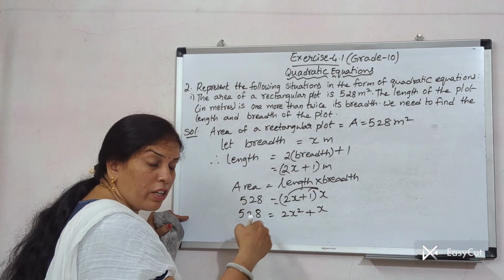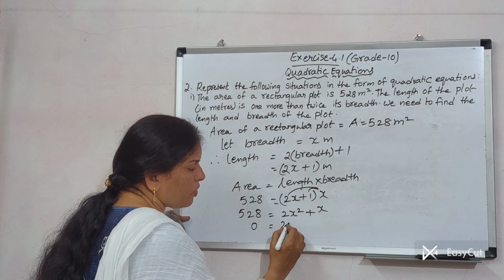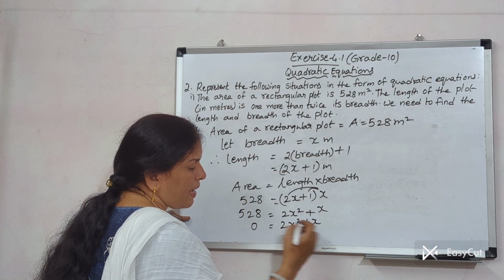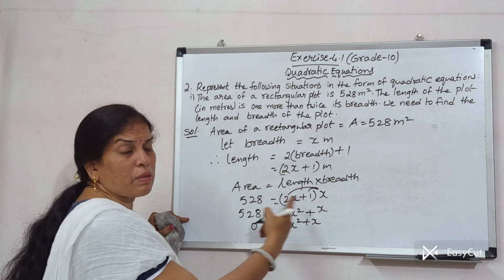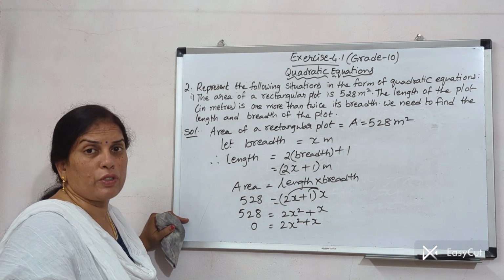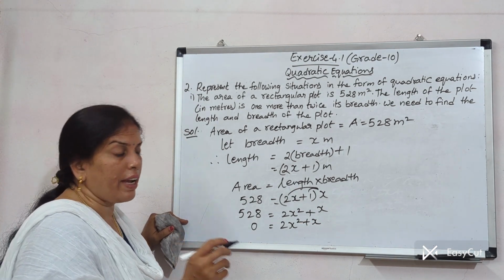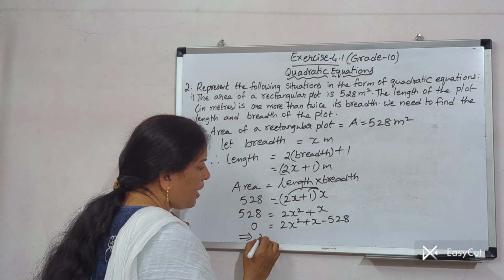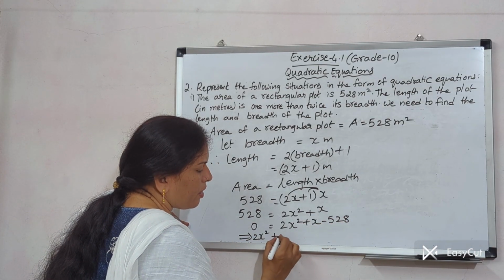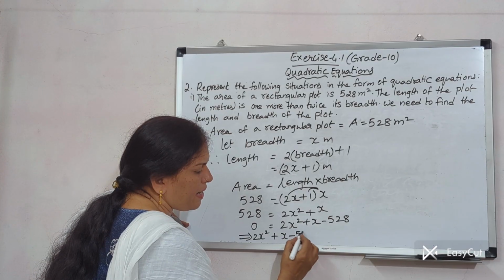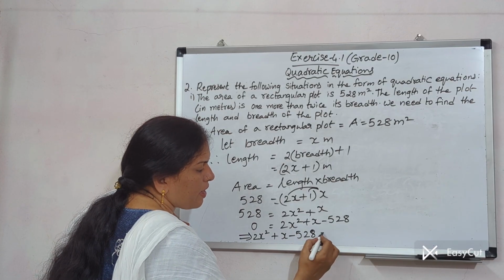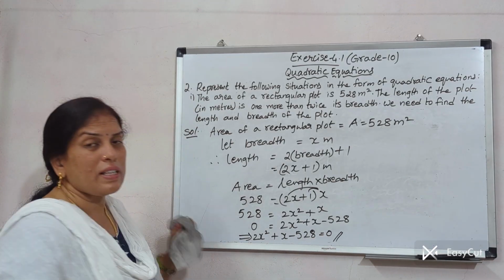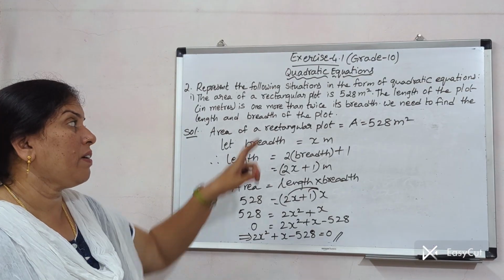Here what will be there? 0 will be there. 0 is equal to 2x square plus x plus 528 becomes minus 528. Transposition, sign will change. Minus 528 implies 2x square plus x minus 528 is equal to 0. This is the required quadratic equation.